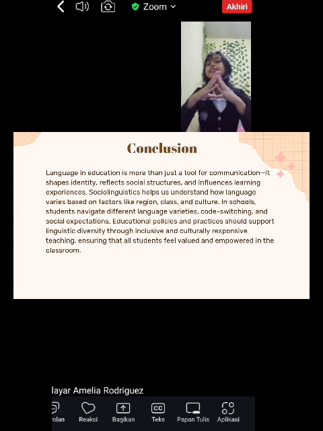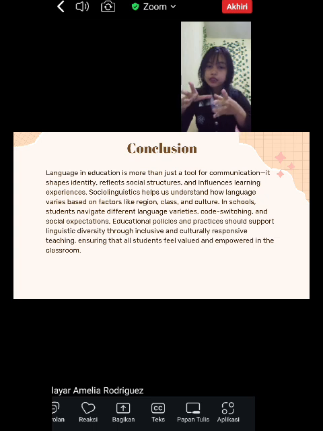The conclusion. So the conclusion is that language in education is more than just a tool for communication in the classroom. It can also shape identity, reflect social structures, and influence learning experiences.